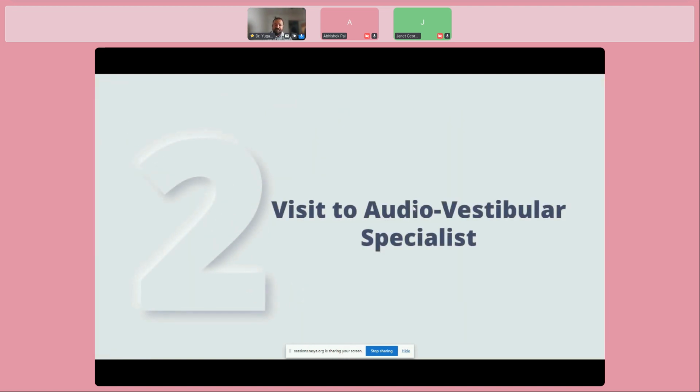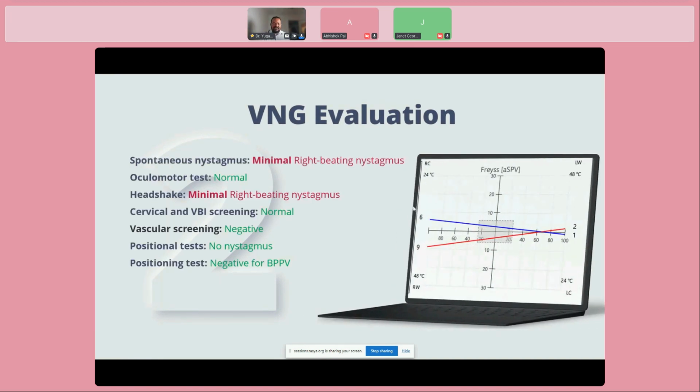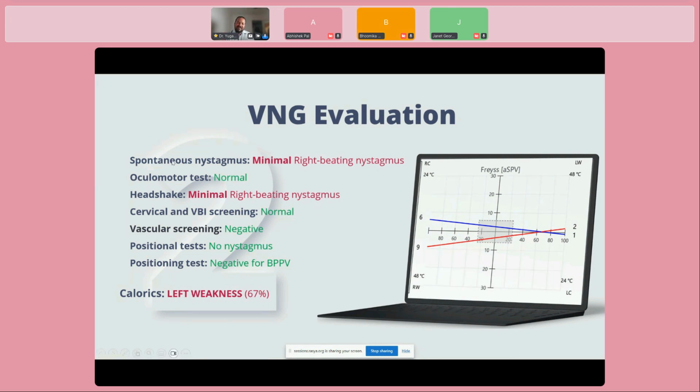Okay, so now let's look at the second one, the 14-year patient who suffered a lot. Let's see if he visits an appropriate audiovestibular specialist. Obviously, we go through VNG. You can see there are a lot of abnormalities: minimal right beating, and minimal right beating even with head shake. Those who have knowledge in vestibular know that a spontaneous lateral beating could potentially be peripheral and uncompensated.